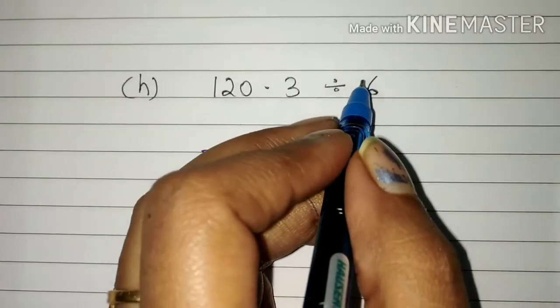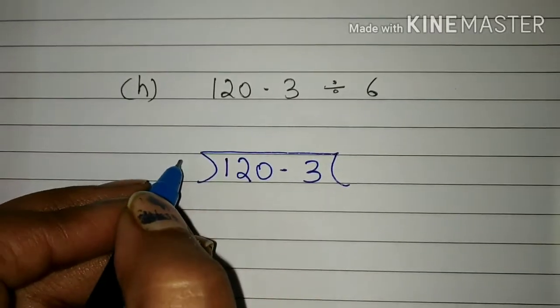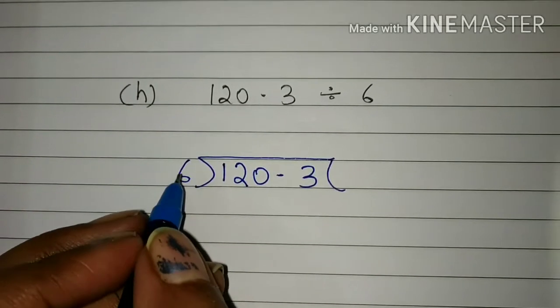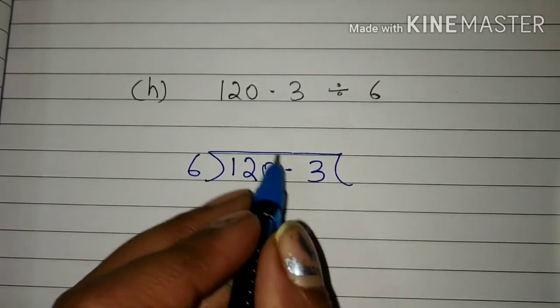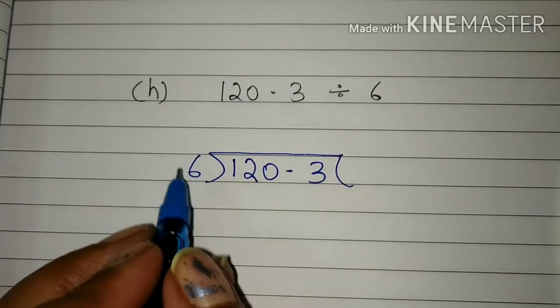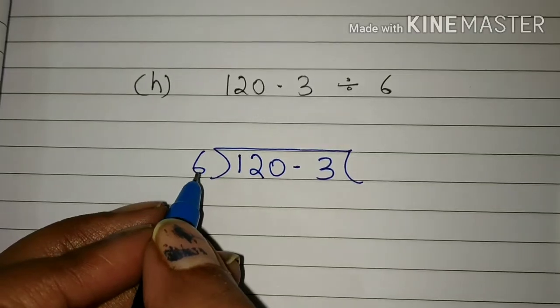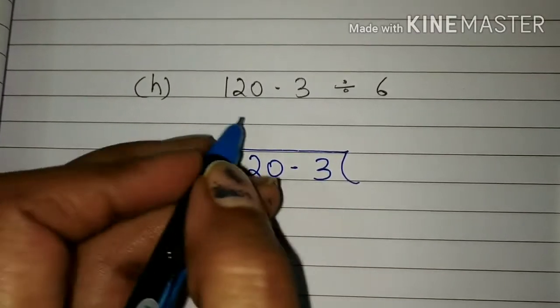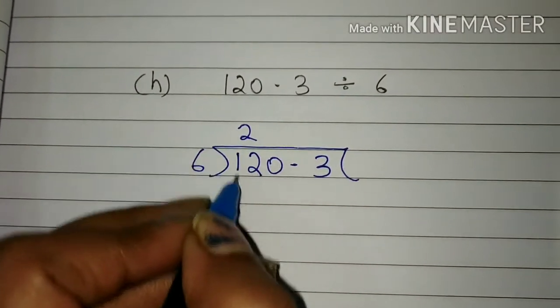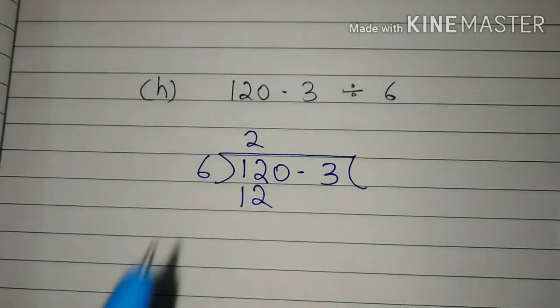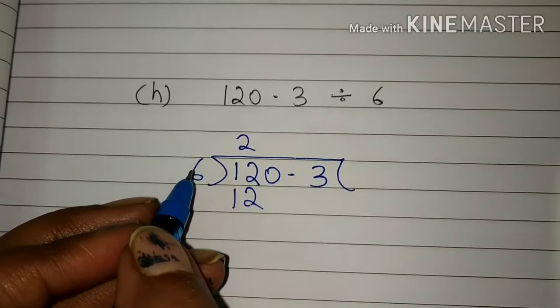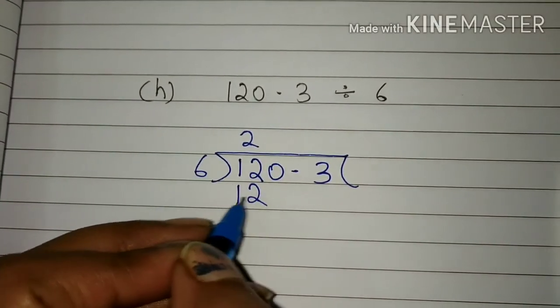Students, now we will write 6 here. Now we are going to divide 120.3 by 6. So 6 2s are 12. So we will write 2 here and then 12 here, because 6 2s are 12.